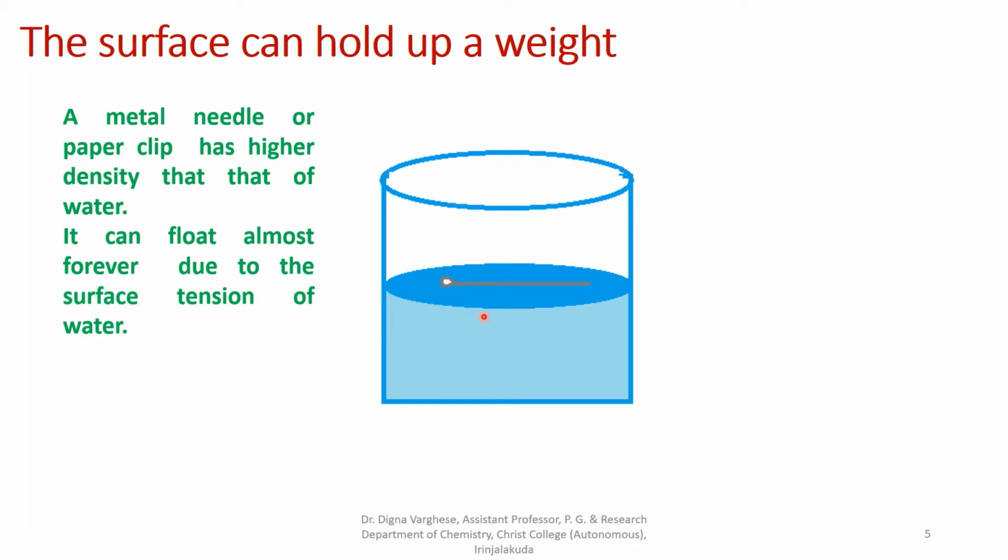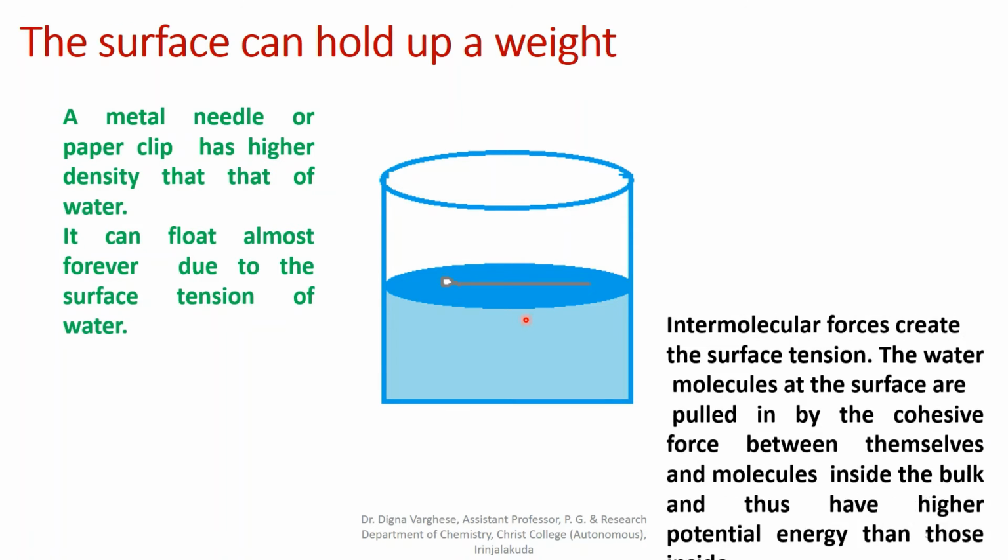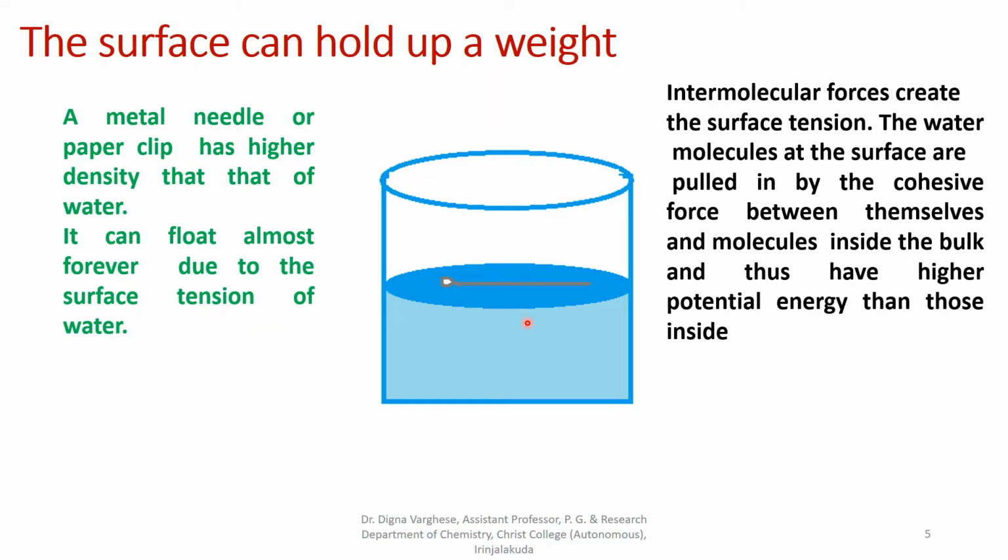If we put it horizontally on the water with a lot of caution, it can float almost forever. That is due to surface tension. So surface can hold up a weight. This is due to the fact that intermolecular forces create surface tension.